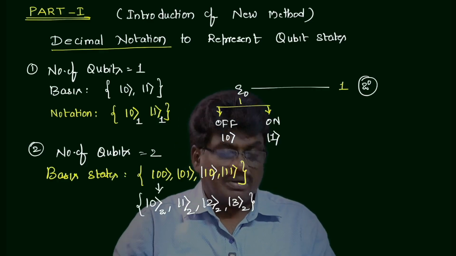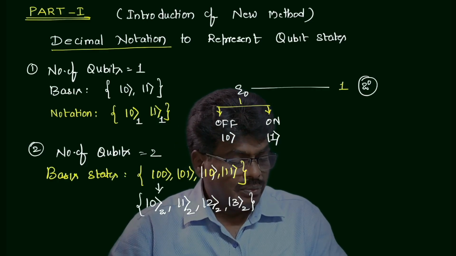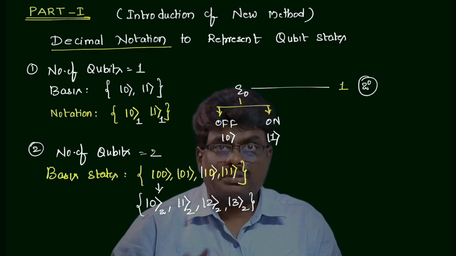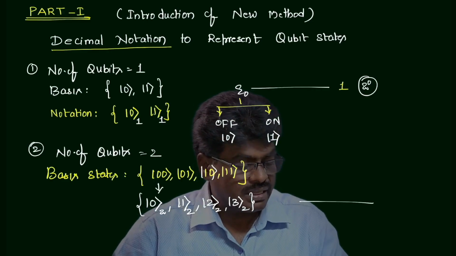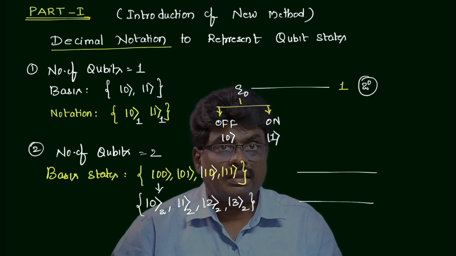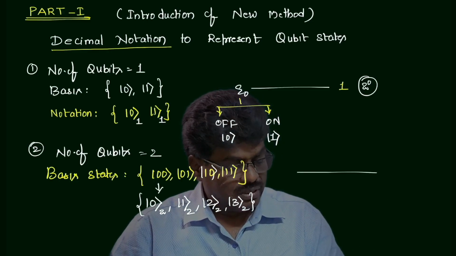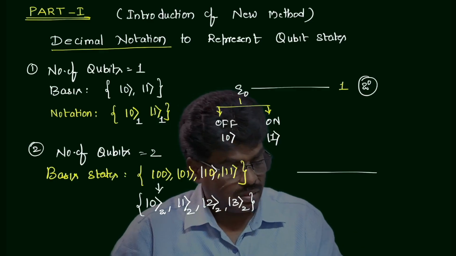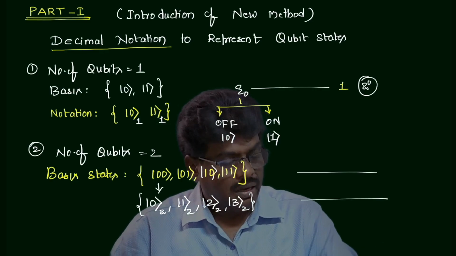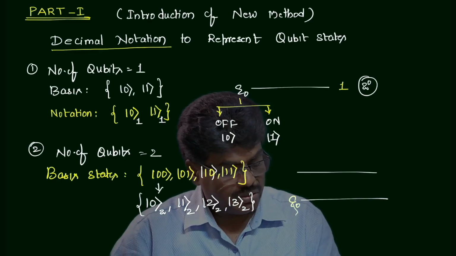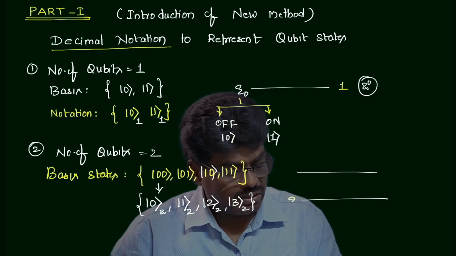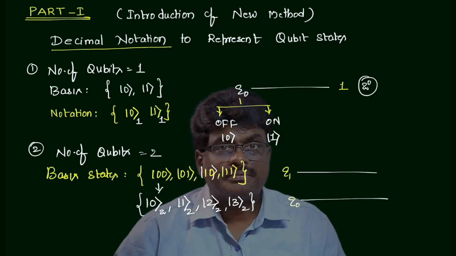Now let me explain what are these states. Here we have a quantum circuit with the 2 qubits, then generally we will take like this. Okay, so I hope you know this. And this is, let us suppose q naught, sorry, this is a q naught and this is a q1.